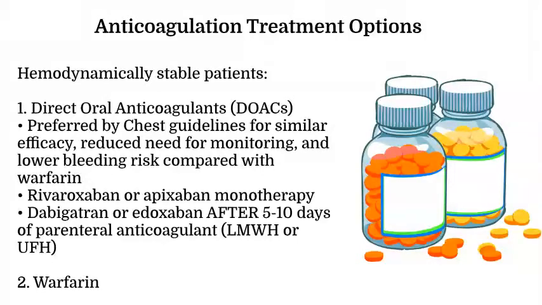The only reason I could really find was that that's how they were studied in the clinical trials that got these agents approved. The regimen was that the first 5 to 10 days of therapy, the patient was on a parenteral anticoagulant and then was transitioned to either edoxaban or dabigatran. So that kind of defeats the purpose of starting somebody on an oral anticoagulant so they're maybe observed for one day and then sent home.